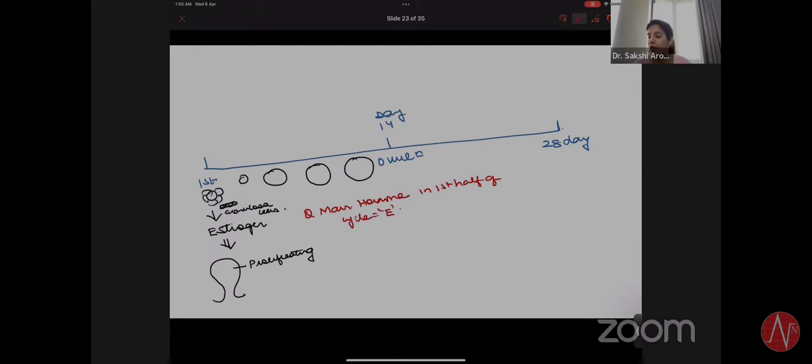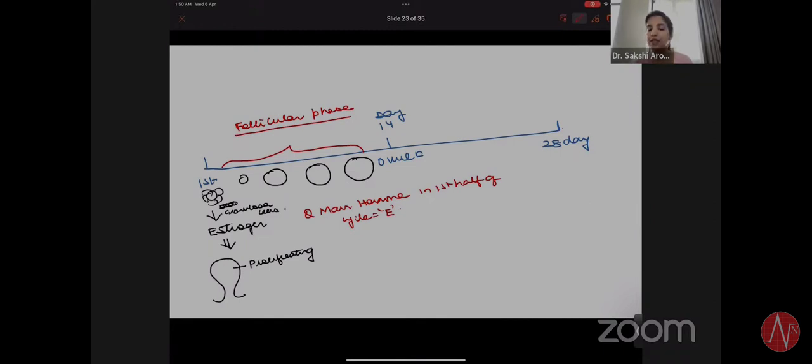Clear? Now, because first half of the cycle में जो भी हो रहा है वो follicle को हो रहा है. धीरे धीरे पहले सारे follicle stimulate हो रहे हैं, फिर all of them are dying except one follicle, right? And then one follicle is growing. So whatever is happening to the follicle, that is why first half of the cycle is called as follicular phase.